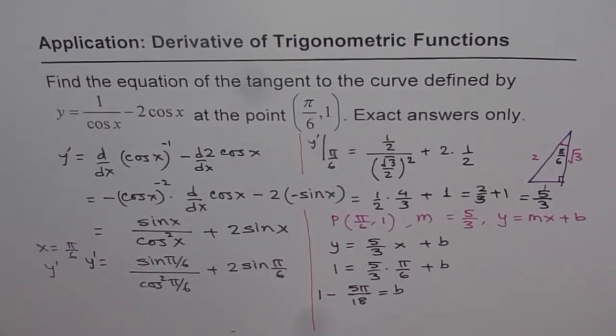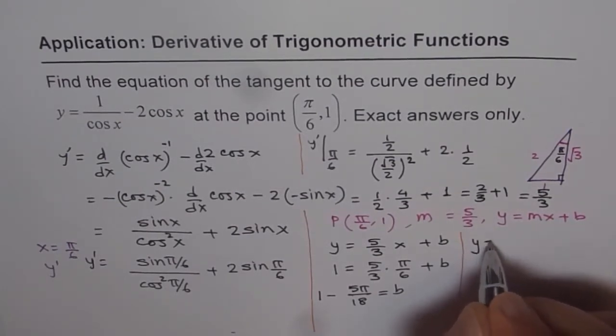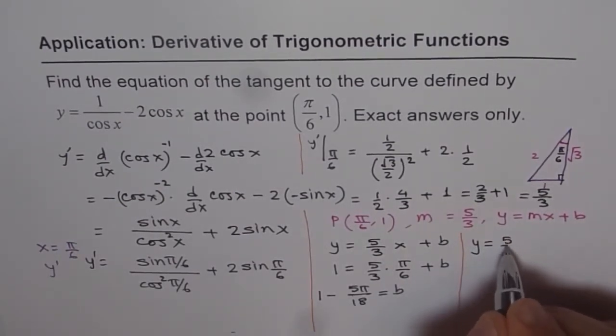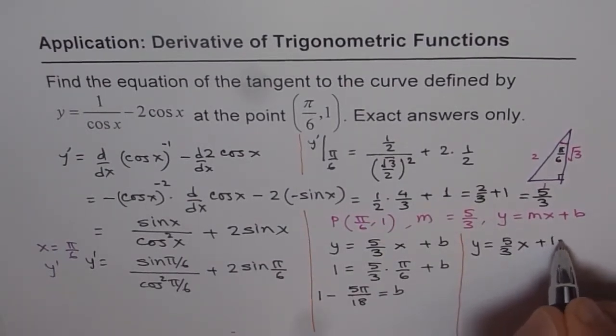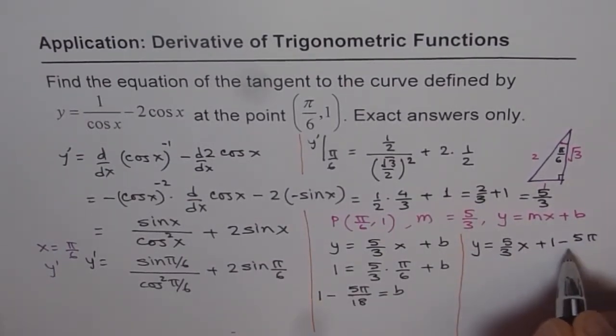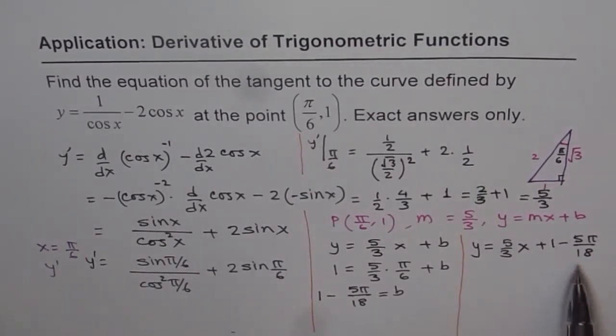Once you get the value of b and you know the slope, you can write down the equation of the line. Then it's just a matter of simplifying. So we get y equals 5 over 3 x plus 1 minus 5 pi by 18. At this stage we can leave it this way, or you can multiply everything by 18 and write it in standard form.